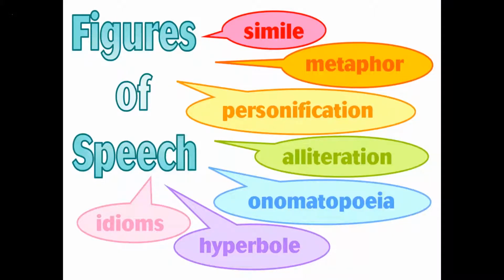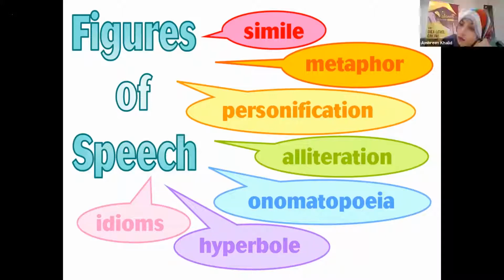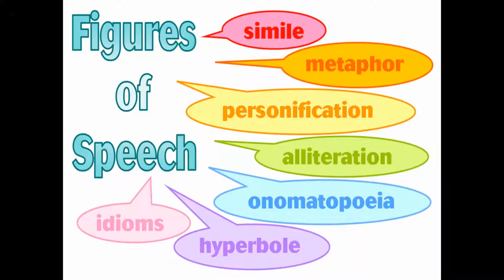Any idea? What is idiom? Yeah, Miss, the idiom is a group of words established by usage as having a meaning not deducible from those of the individual words, like expression, set phrase.